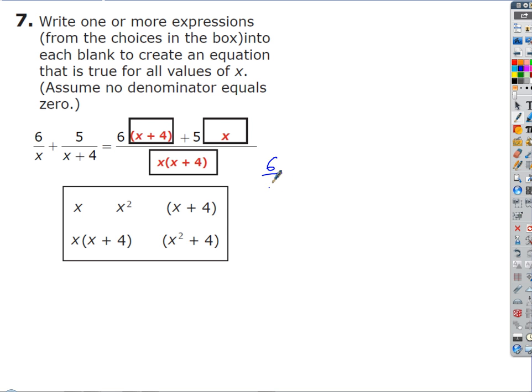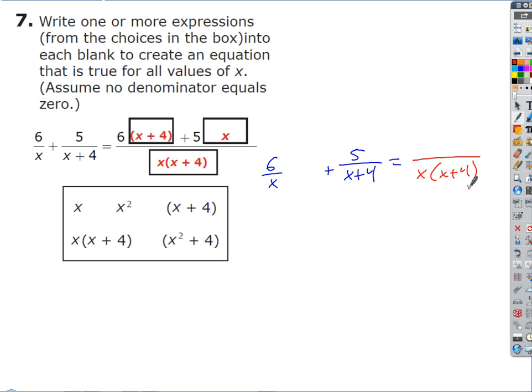We've got 6 over x plus 5 over the quantity x plus 4, right? So if we want to add up fractions, what do we have to do? Common denominator, right? Common denominator. And so our common denominator is just going to be the product of those two factors, isn't it? Our common denominator is just going to be x times the quantity x plus 4, right?